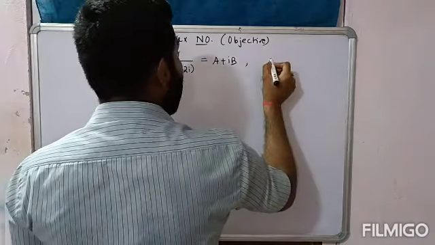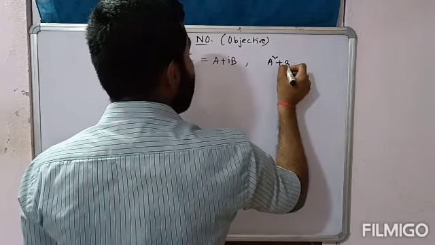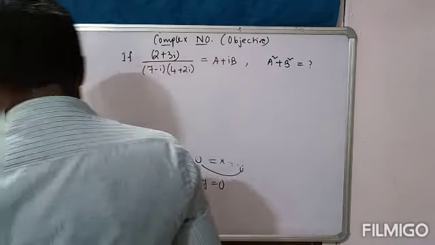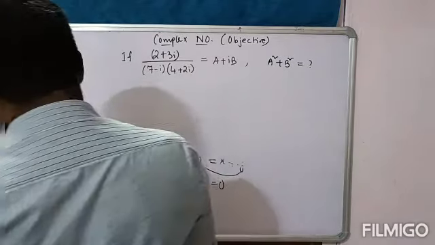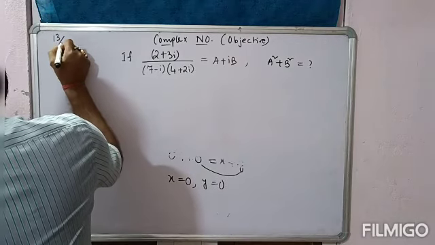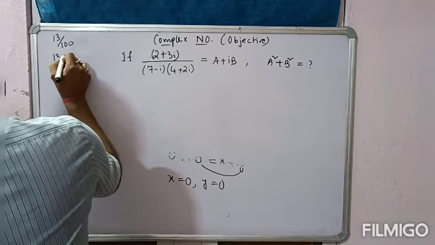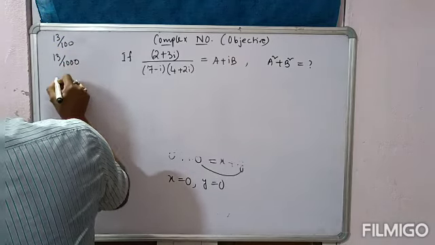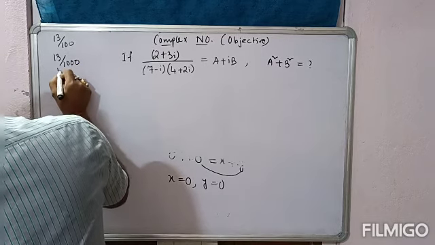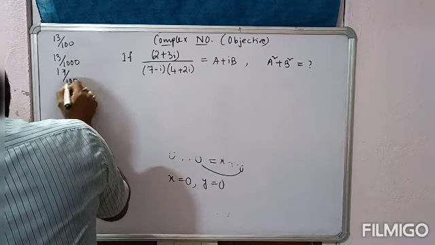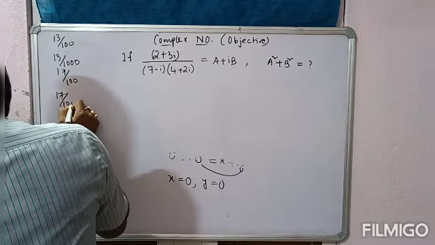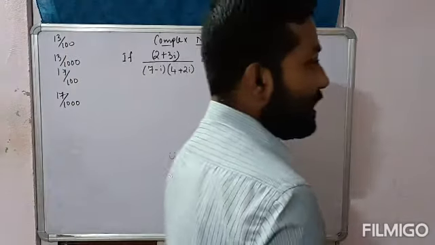Then find out the value of a squared plus b squared. The options are given: 13 by 100, 13 by 1000, then 17 by 100 and 17 by 1000. So these are the options given.